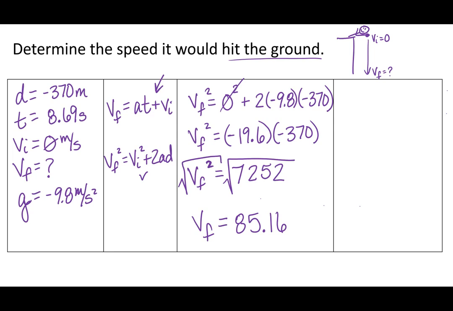When you take the square root of something, it leaves it as a positive or negative 85.16. Well, since it's falling, that means it's going to be the negative. Oh, I forgot to do that in green. I am so sorry. So I'll tell you what, if we at least do the final answer here? So the negative. So negative 85.16, and v is meters per second.